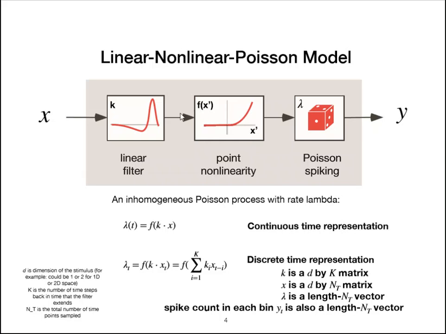Kx is also the X comma, so X comma will fall somewhere along here, and we have the corresponding F of X comma. And this output is gamma t, which goes over here into Poisson spiking.